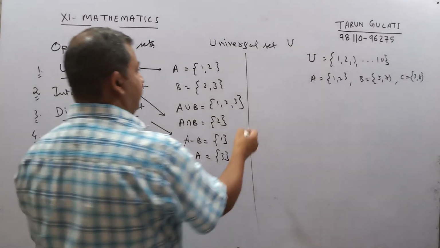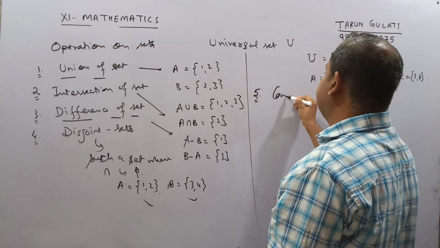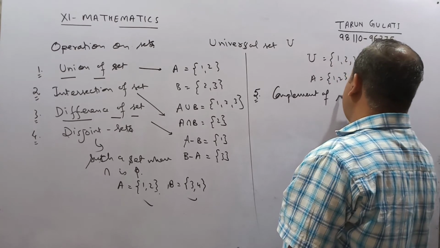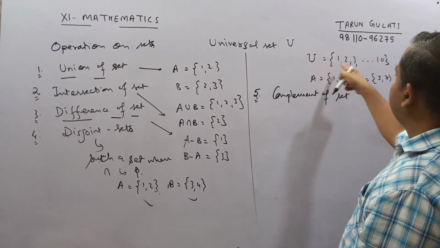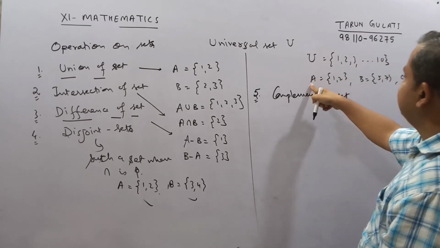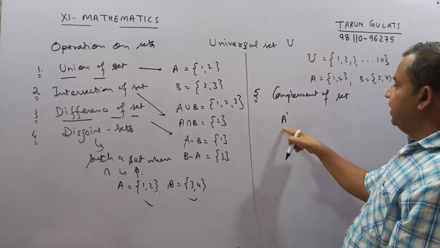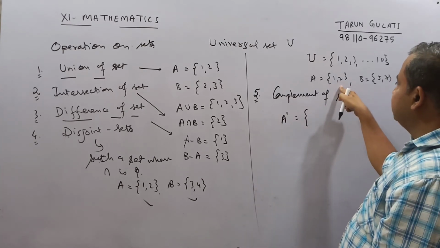Now we have to keep in mind the complement of a set. Say we have a universal set; what about the complement? Here it is A, here B, here C. What about A complement? What is in A? It is 1, 2.